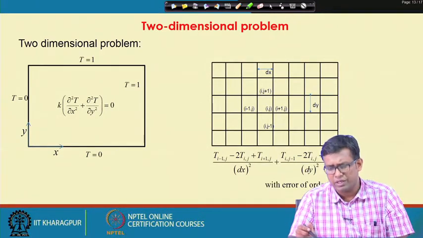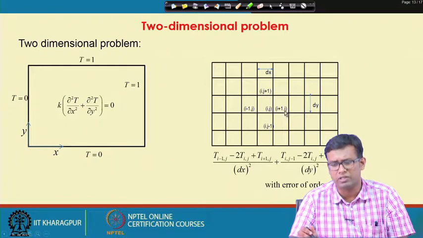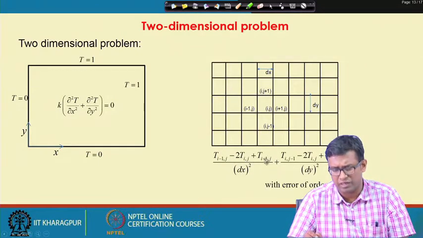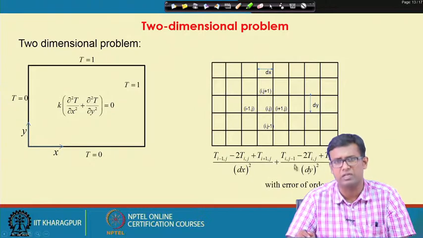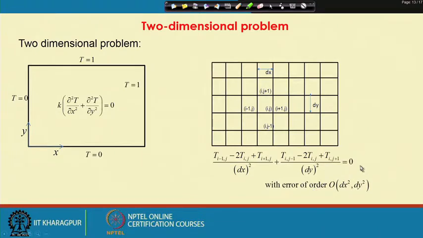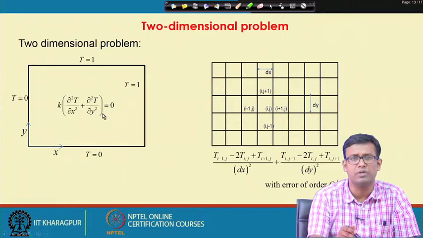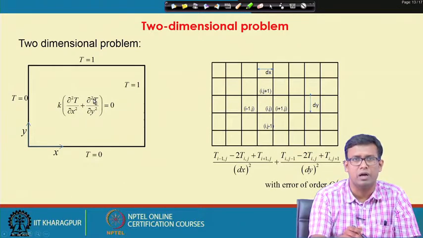When we try to convert it into the difference equation, we get a difference equation like that, which contains the derivative in x direction as well as the derivative in y direction, the difference expressions for that. This is a differential equation and this becomes a difference equation. There is a journey from analytical to numerical, where this equation can only be solved using certain analytical techniques like separation of variables.